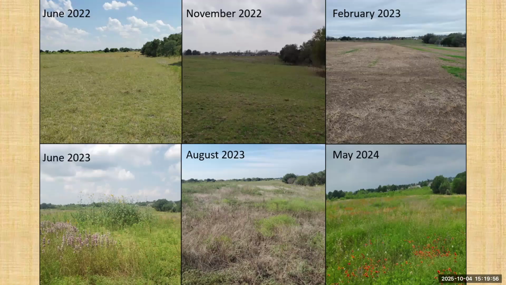We sprayed it and we planted it in March. This is June of 2023, August of 2023, and May of 2024. So you can see that transition in vegetation types over time. So we went from exotic monoculture to more diversity.